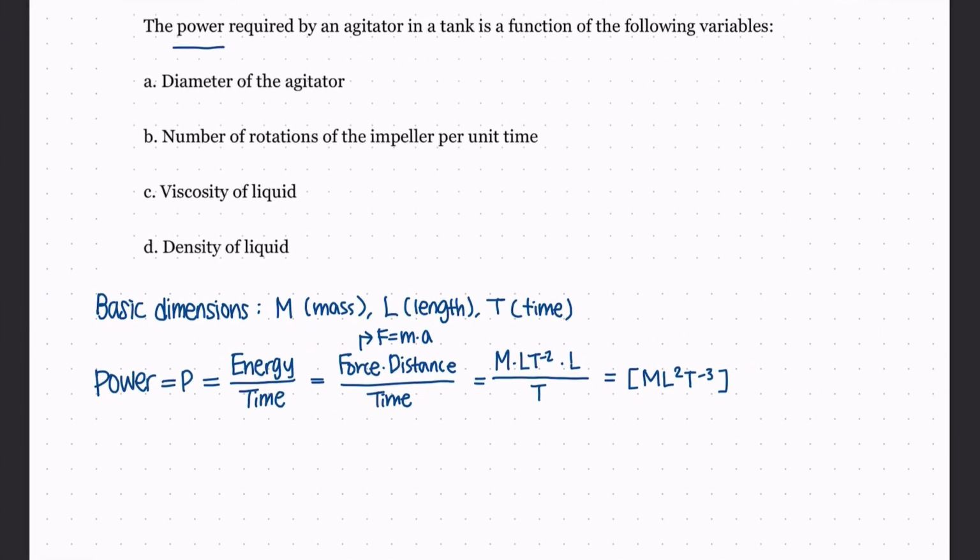For second variable, it's diameter, which is simply length. And for number of rotations of the impeller per unit time, we can say it's n, and then number of rotation per time.